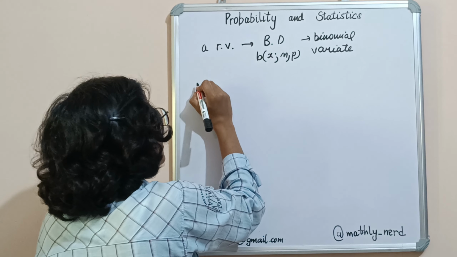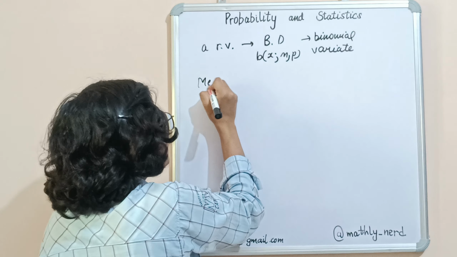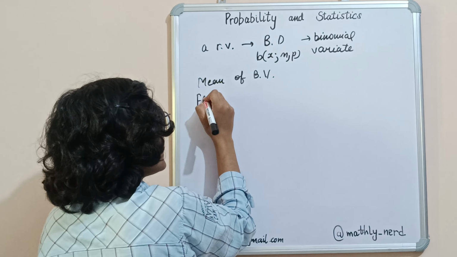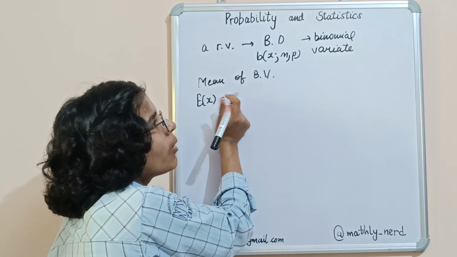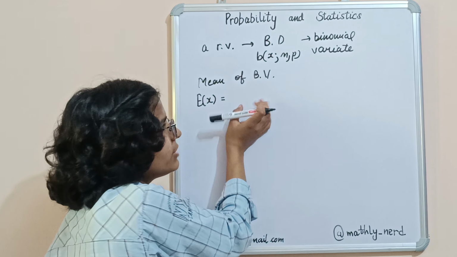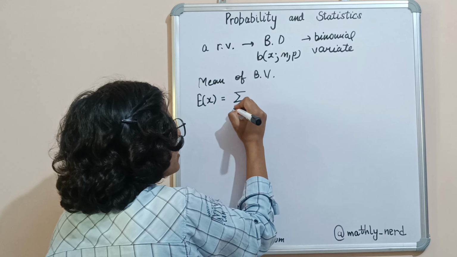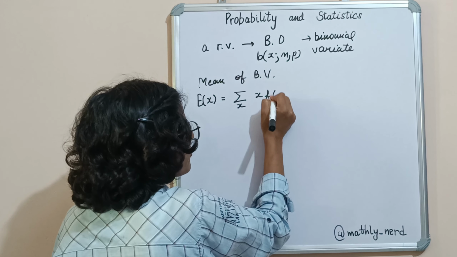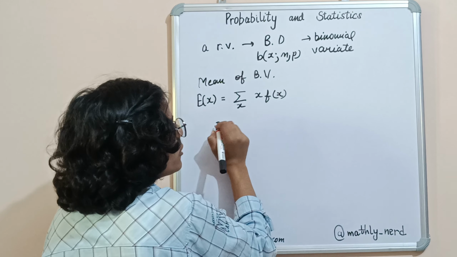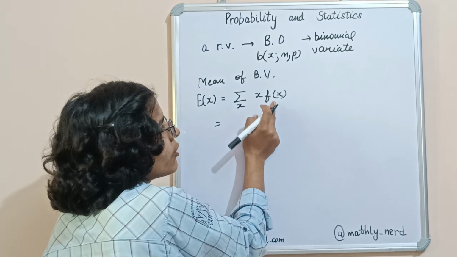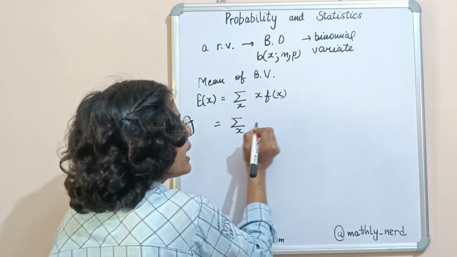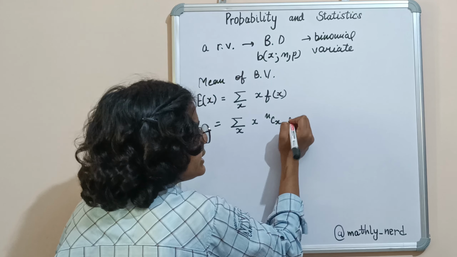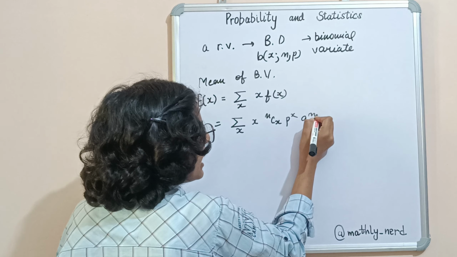And now if we want to find out mean of binomial variate, then E of x equals to, as we know, binomial distribution, we have a discrete random variable, so summation over x of x f of x, and if we will put the value for f of x, that is probability for x, that summation x b of x n comma p, and this equals to nCx p to the power x q to the power n minus x.